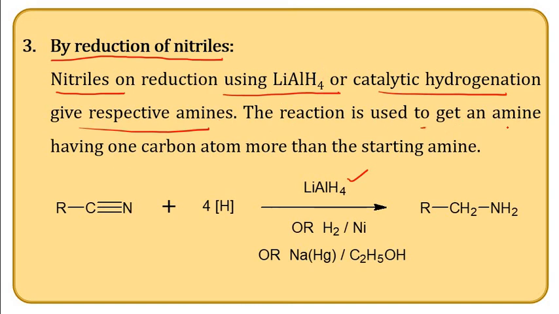In this process we get amines having one carbon atom more than the starting alkyl halide or alcohol. Usually alcohols are converted into alkyl cyanides or nitriles, and the alkyl nitriles are converted into primary amines.